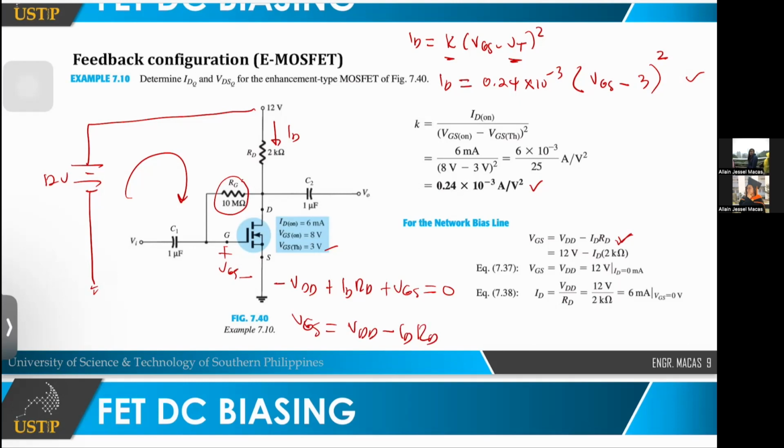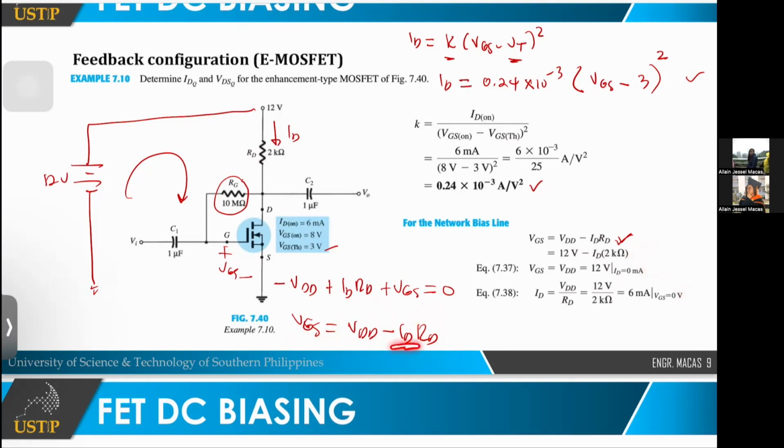Okay? So getting this equation, we have the value of the VDD, which is 12. We also have the RD. So, ang ano na to is VGS o ID. Now, yung gibuhat dili class is, given ani nga equation, na nakuha na to pag KVL, yung gi-assume nga when your ID is 0 o VGS 0 para makuha niya ang Y o X intercept.